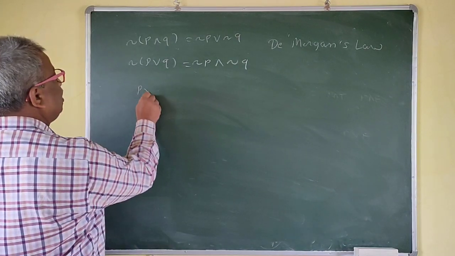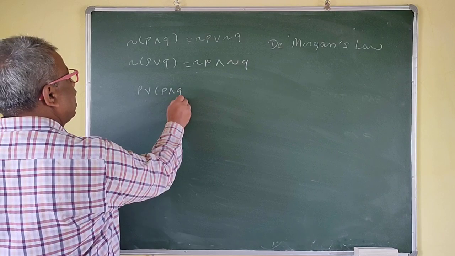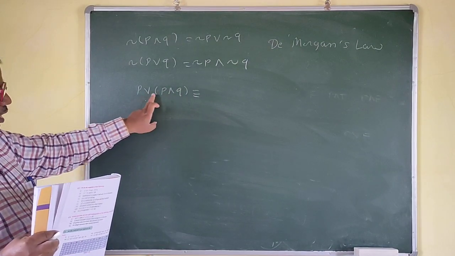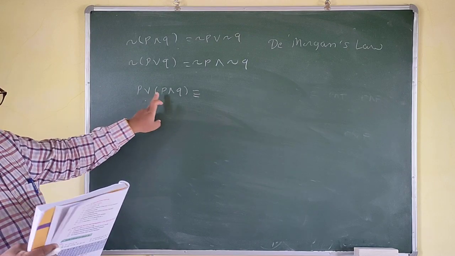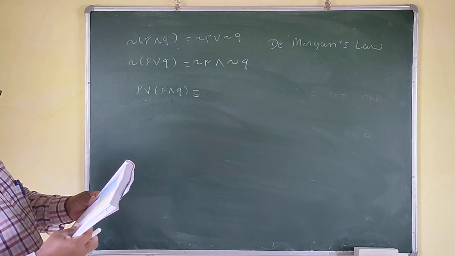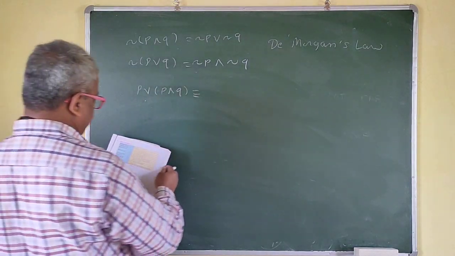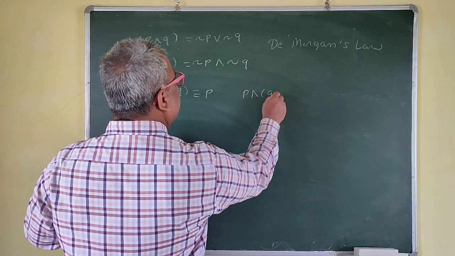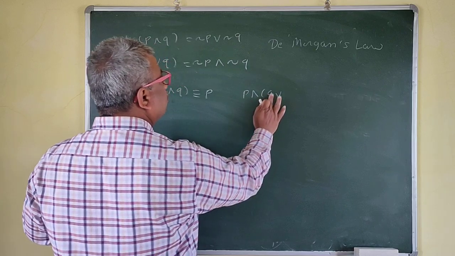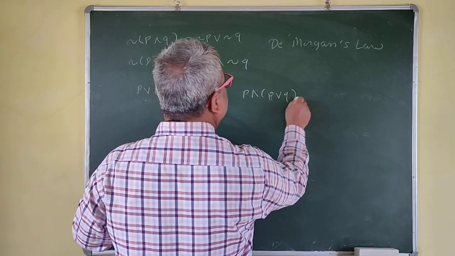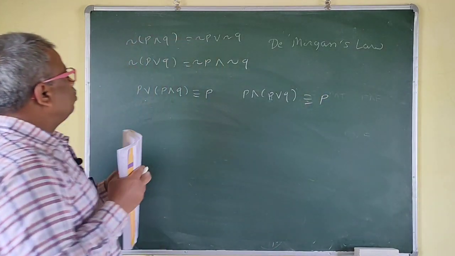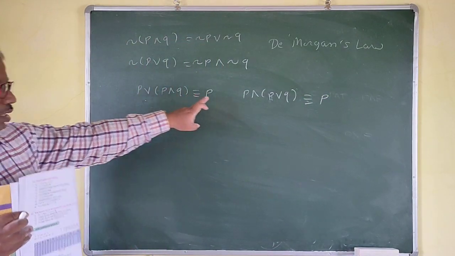Sorry. P or (P and Q). So see, there are two P. So then it is equal to P. P and (P or Q) is logically equivalent also to P. So see, here or and here and.